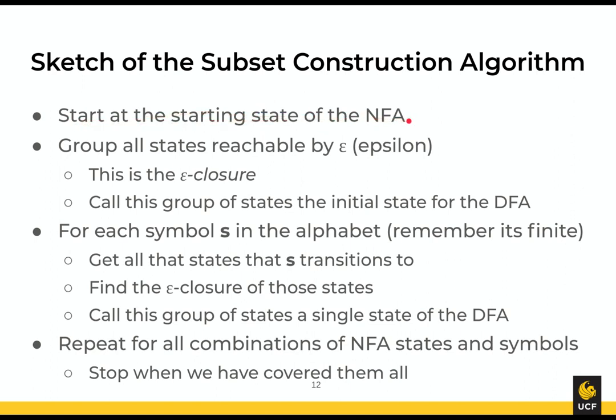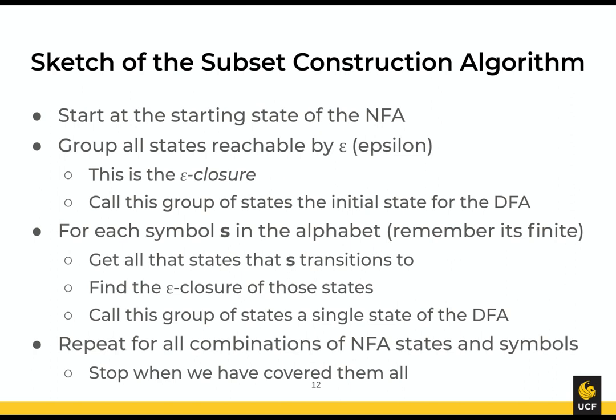And then the first thing we do is we group together all the states that are reachable by epsilon, by empty string. This is called the epsilon closure, but this is not the same closure as Kleene closure. This is the epsilon closure. It just means all the states that are reachable by epsilon transitions from a given state. Makes sense, right? We saw that example where we started at an initial state with alternation. We immediately had epsilon transitions into two other states.